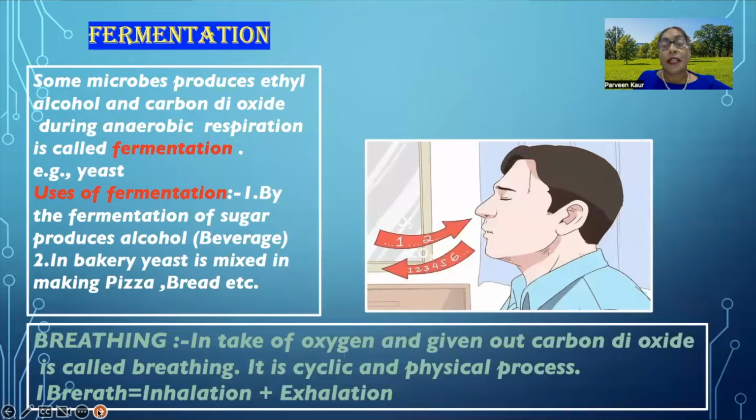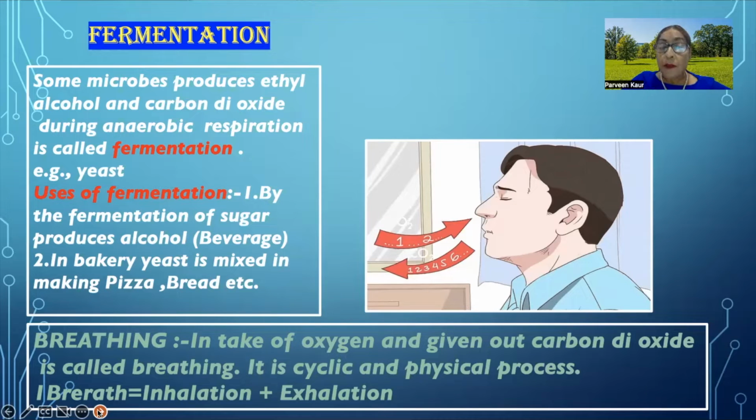What is fermentation? Some microbes produce ethyl alcohol and carbon dioxide during anaerobic respiration. That process is called fermentation. Now, what are the uses of fermentation? First, by fermentation we can produce alcohol, which we can use for beverages and medicines, for example.